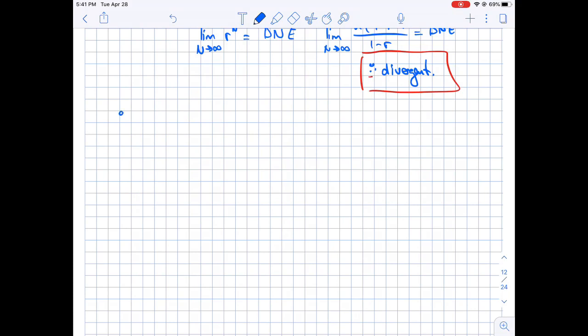And what we get is that the geometric series a r to the n minus 1 is going to be convergent if the absolute value of r is less than 1.